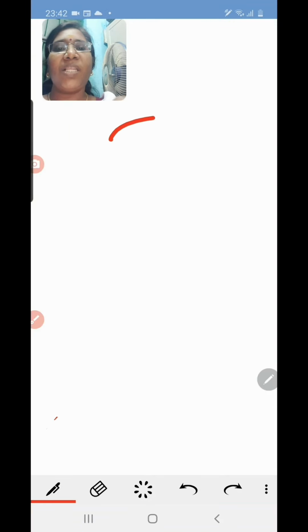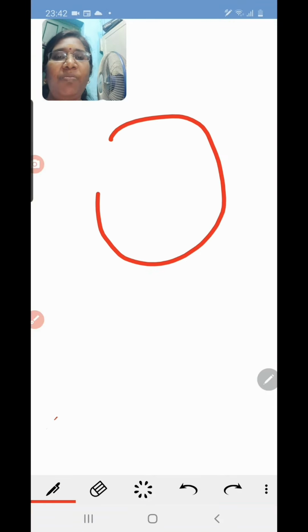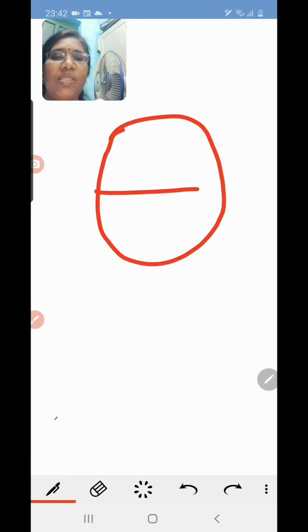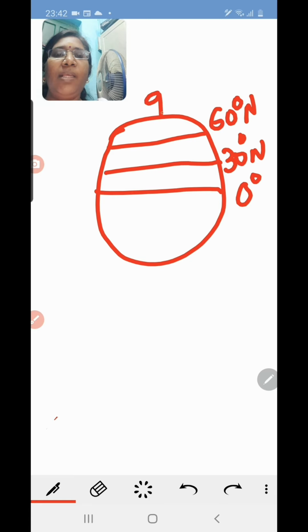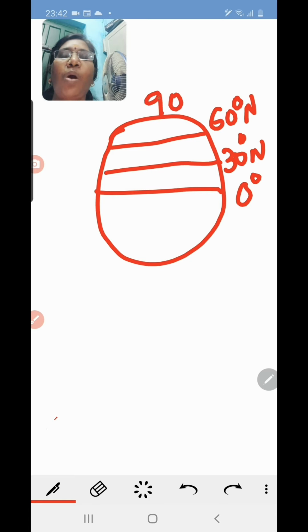Now let's see which are the important parallels of latitude. This is 0 degree, here it is 30 degrees north, and this is 60 degrees north, and then 90 degrees north. How many are there in the northern hemisphere? From the equator to the north pole there are 90 latitudes.